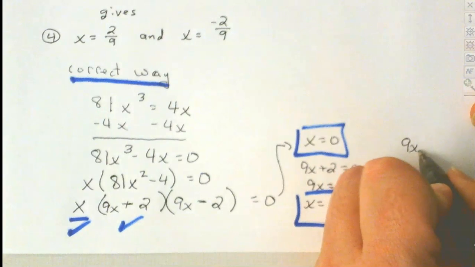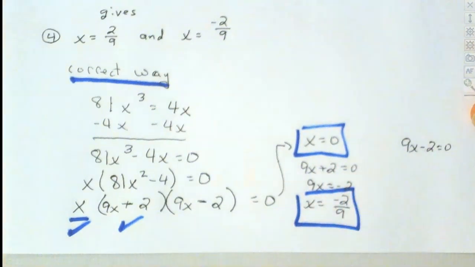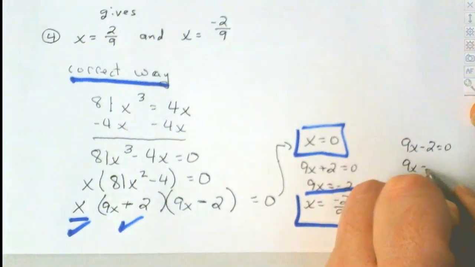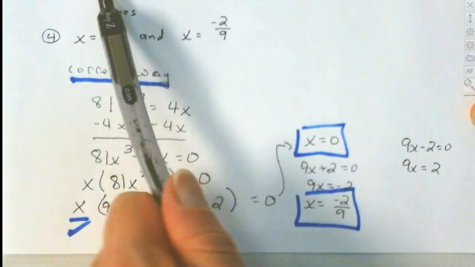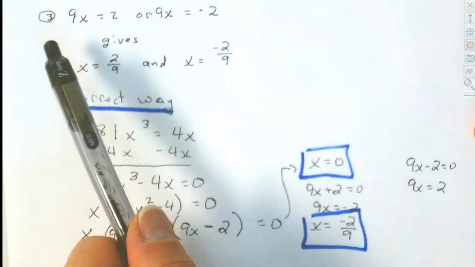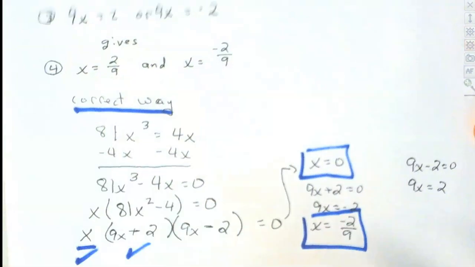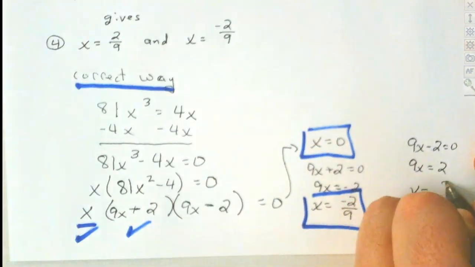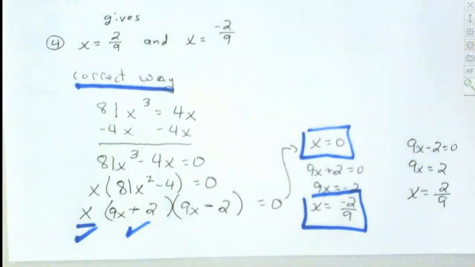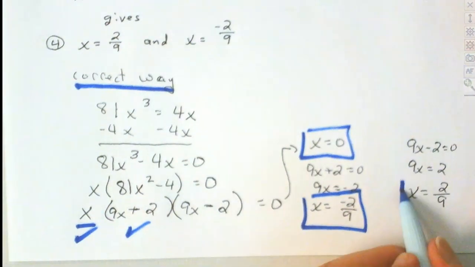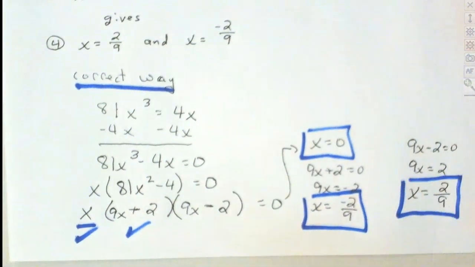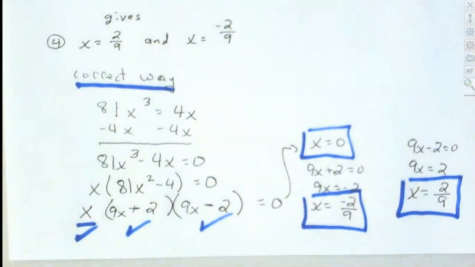It is 9x minus 2 equals 0. 9x equals 2, which is the same thing they had clear back up here. That's what they got at this step. And then x equals 2/9. There's your 3 solutions. One's positive 2/9, one's negative 2/9, and one is 0.